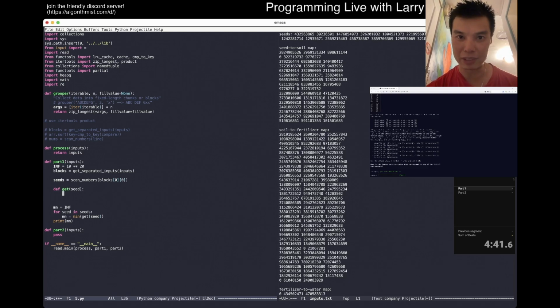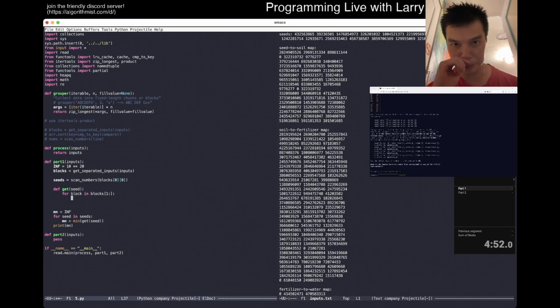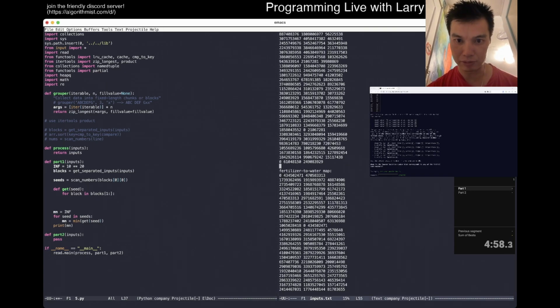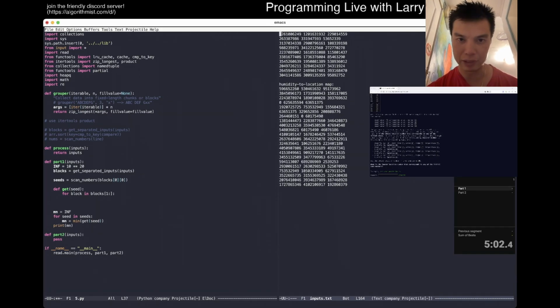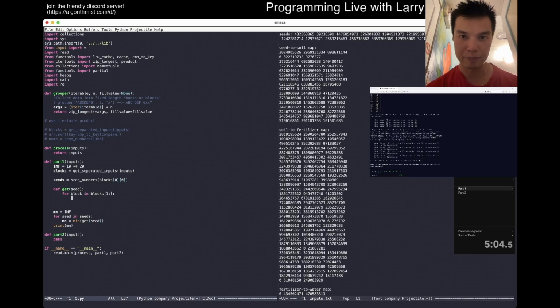So now we have a seed, we go, okay, for each block, for block in blocks, what do we do? At least in consecutive order, huh? So we can just go, okay, right?